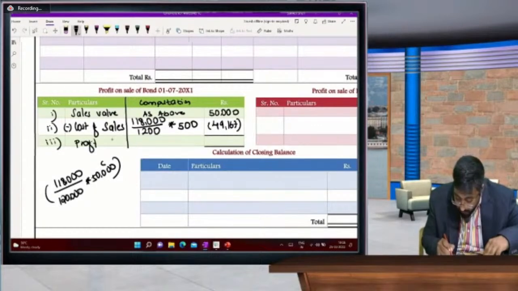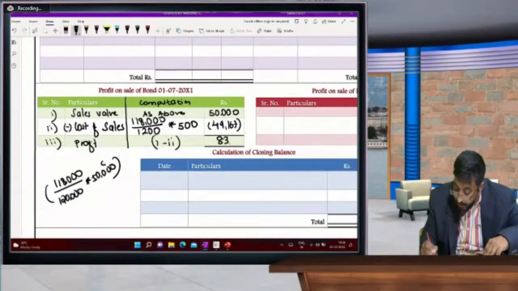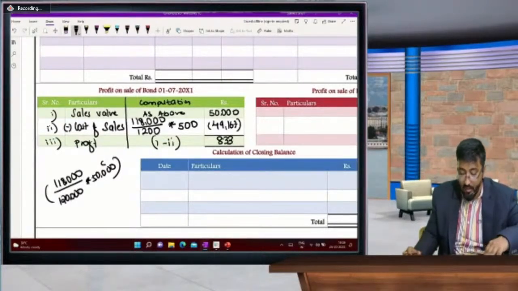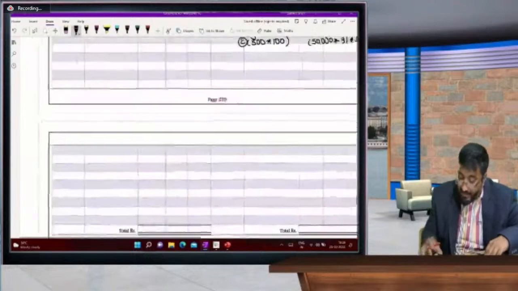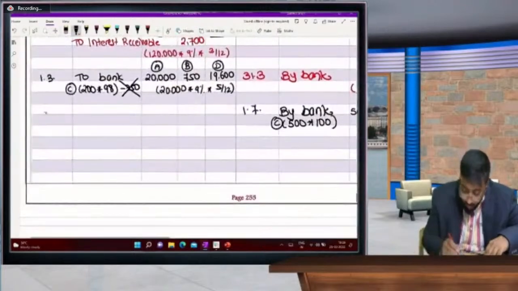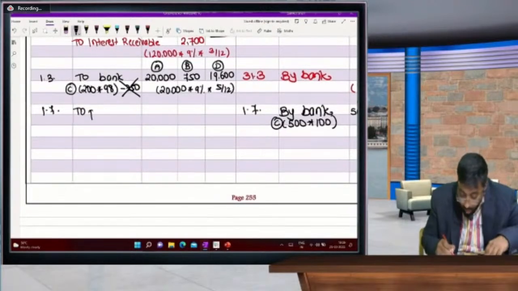So what is the profit beta? Profit is 1 minus 2. 833. So beta, this is a profit because cost is less. And 833 is a profit. And as this is a profit, we are going to record it on the debit side. To profit on sale.